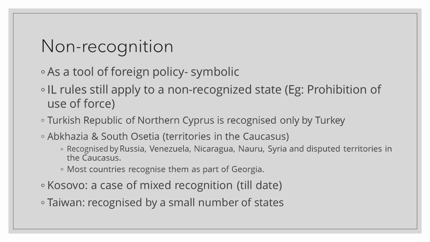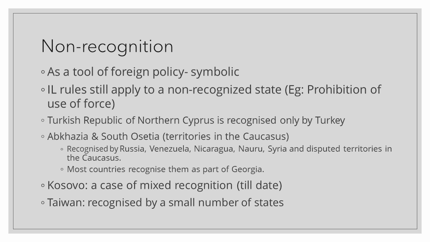Right? So prohibition on use of force prohibits states from waging war against each other, using military or physical force against each other, etc. So a newly formed state cannot wage war against other states or use military force against other states and say, okay, because I'm not recognized as a state, international law does not prohibit me from use of force.